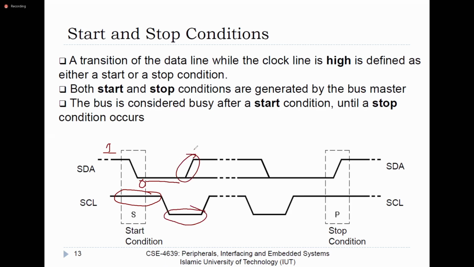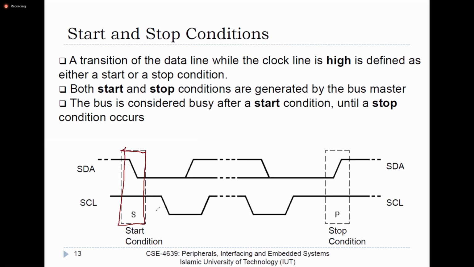If the data is 1, one transition is made. If the data starts with a 0, let's say 0, in that case that 0 will be maintained. But for a fresh data start, the start condition is defined with this block.